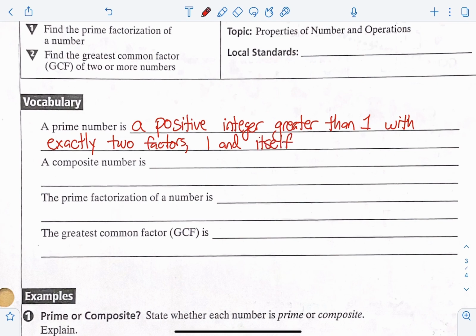So if you were to try to divide a prime number, you can only divide it by 1 and itself. It doesn't get divided by anything else.